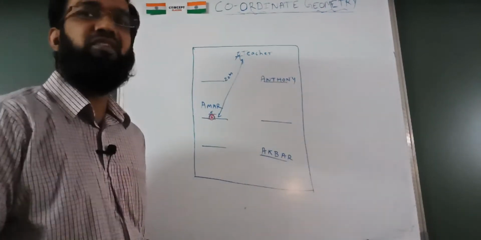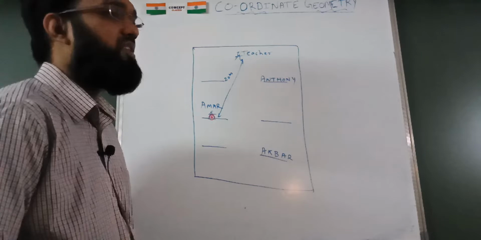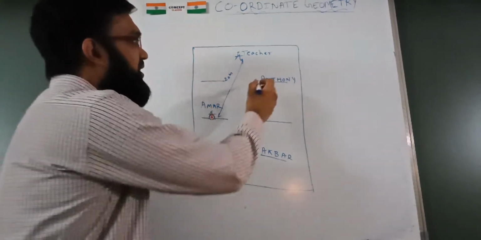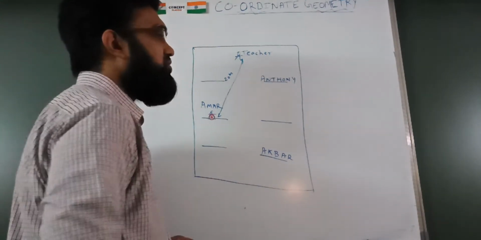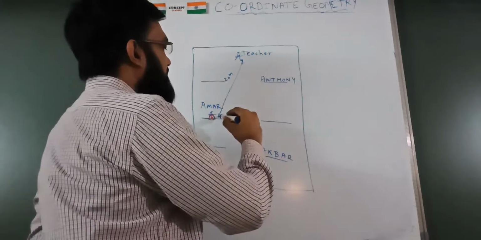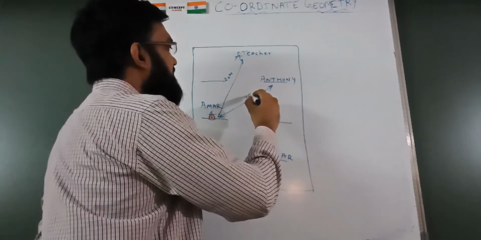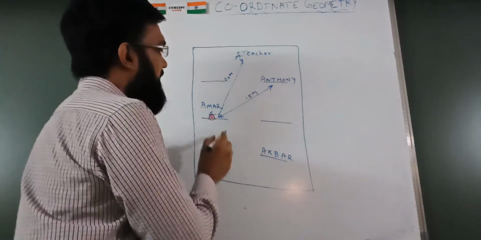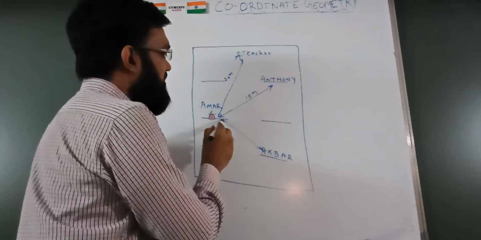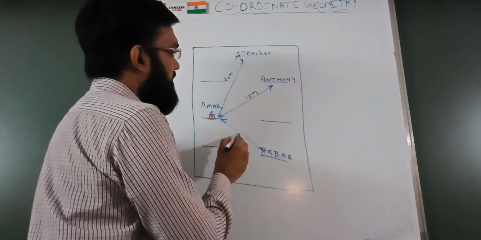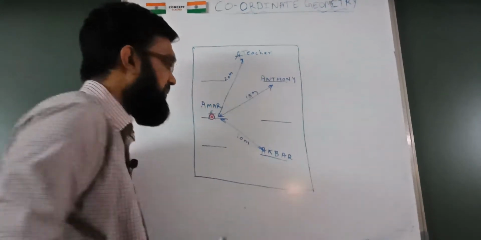So he tells his position with respect to the teacher. He is 20 meters. Anthony, how does he describe the position of Amar? He tells that Amar is at a distance of say 15 meters from me, and Akbar tells Amar is at a distance of say 10 meters from me.